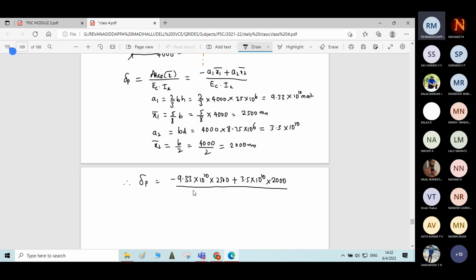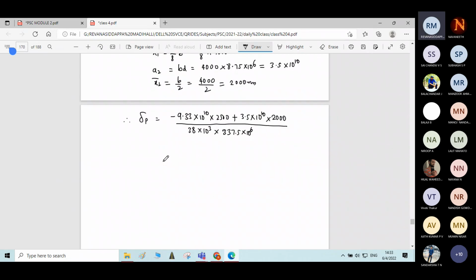Ec and Ix values will be the same, that is 38 into 10 power 3 into 337.5 into 10 power 6. Therefore, if you calculate the deflection due to prestressing force, you will get the answer as minus 12.73 mm. This negative sign indicates what? It is causing upward deflection to the beam.